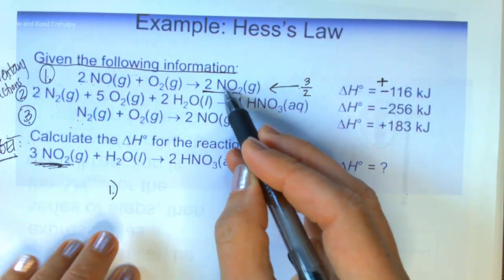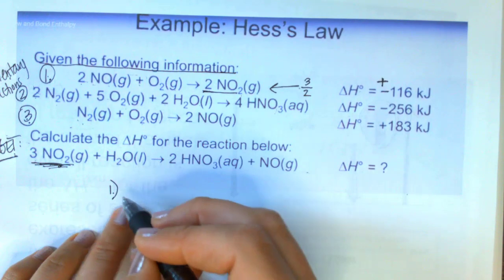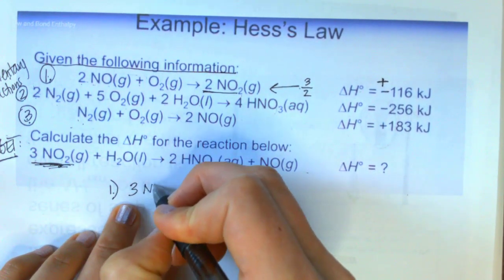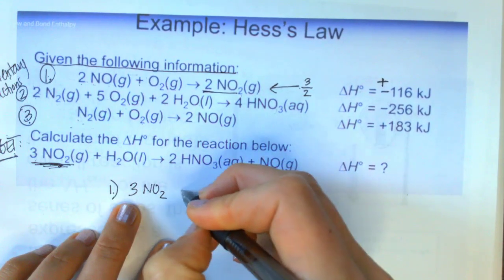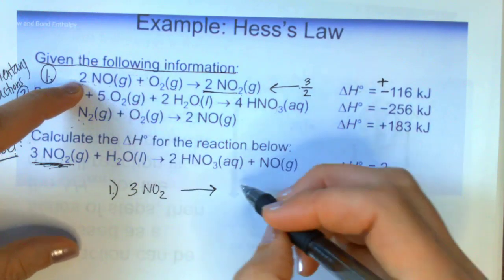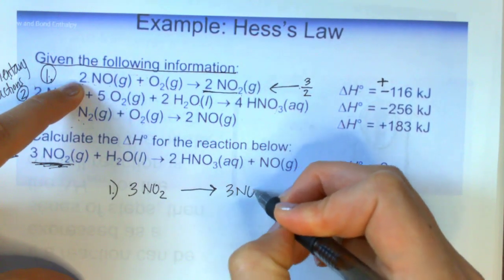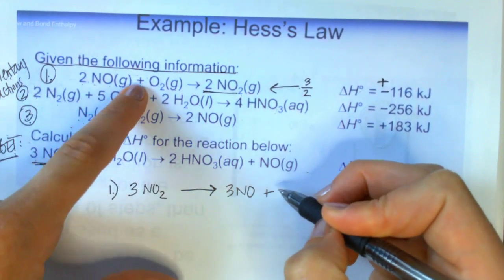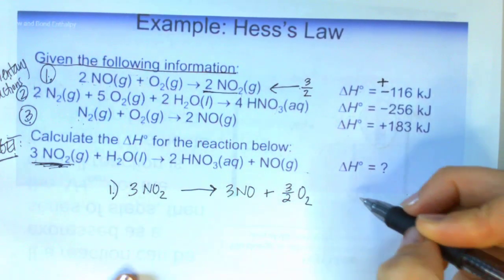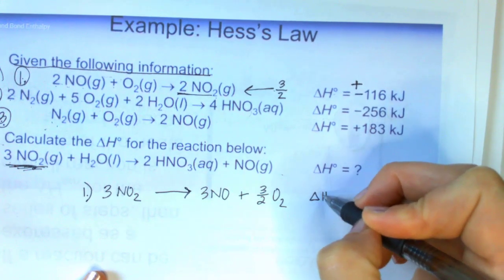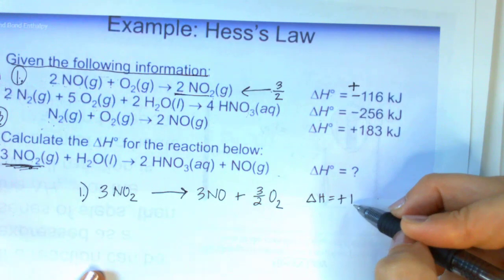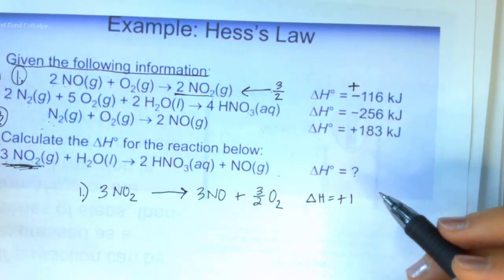So we're flipping it, so since this was our product, we're going to start over here as a reactant. And we are making this 3NO2 with an arrow. 3/2 times 2, again, gives us 3NO plus, we're just going to say 3/2 O2. And that delta H, I need to multiply my delta H by 3/2.